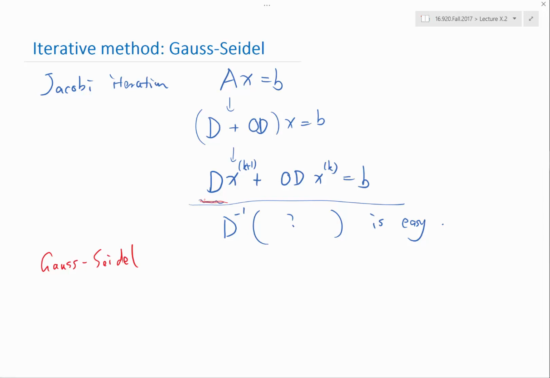So what's the idea? Is there any other part of the matrix A that you can add to the x of k plus 1 part, while still making sure it's easy to invert?